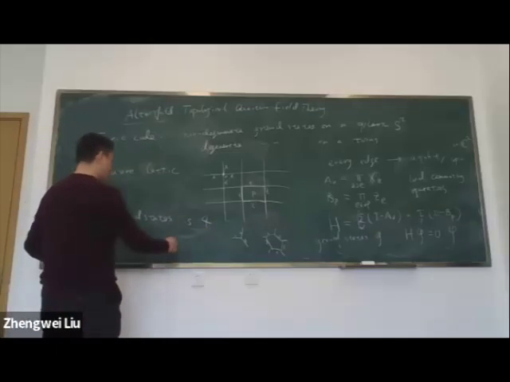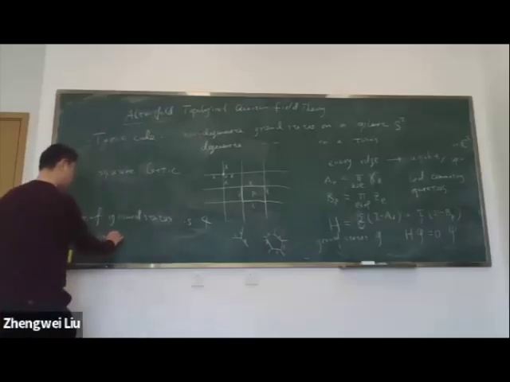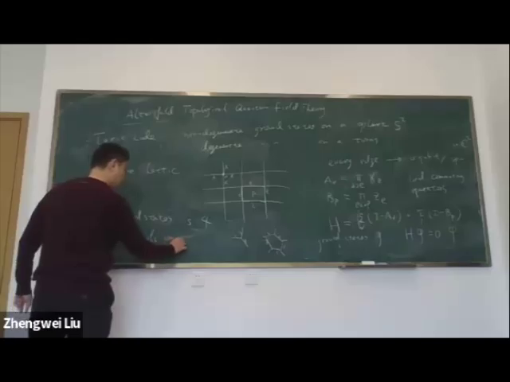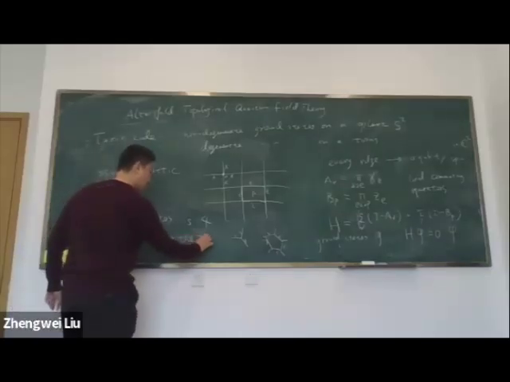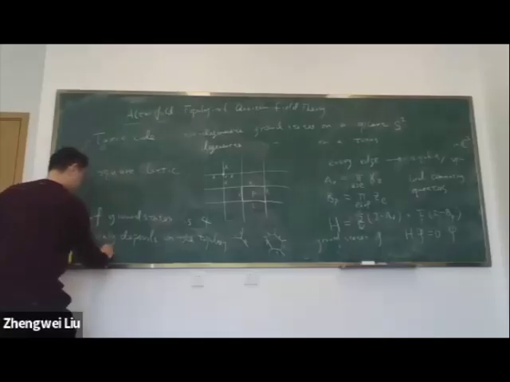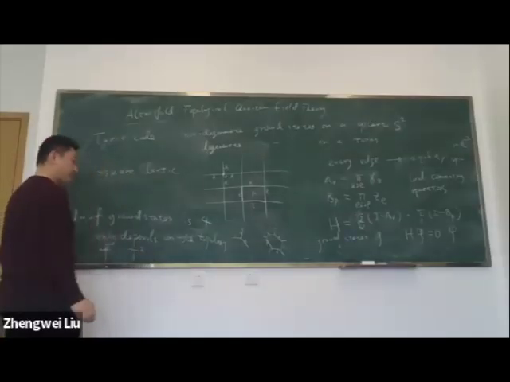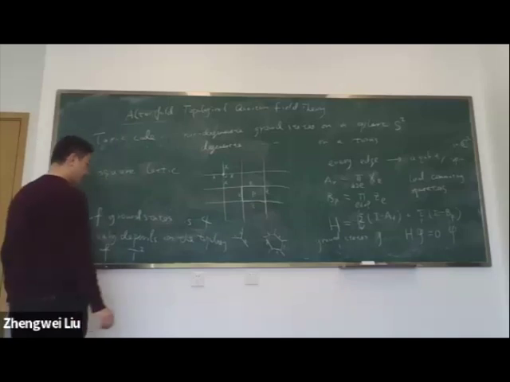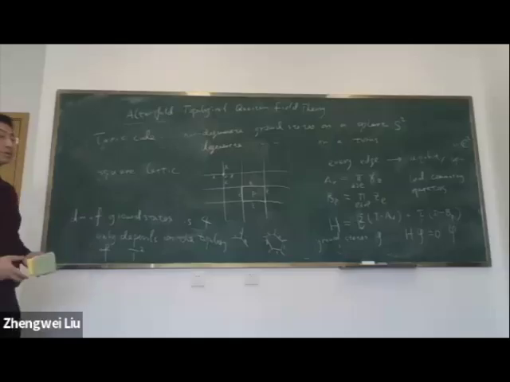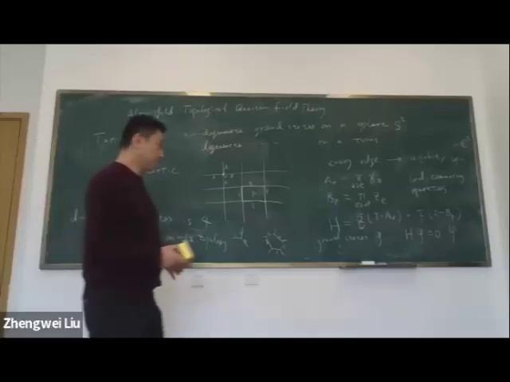It only depends on the topology of the underlying surface, the torus. And actually, more precisely, the number 4 corresponds to the cohomology of the torus in Z2.